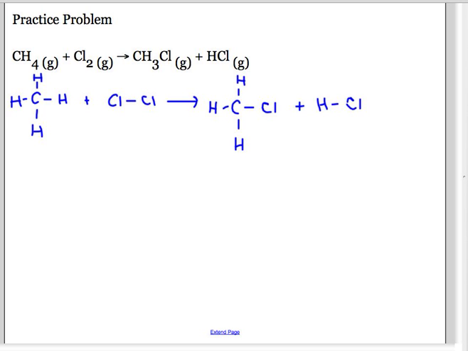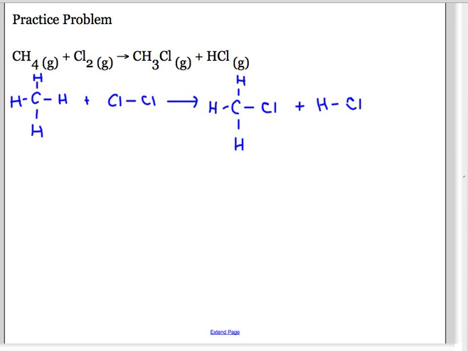But if you want to, you can only do the ones that actually change. For example, on both sides, carbon has 3 hydrogen bonds. So realistically, you don't have to break them and you don't have to make those, because they don't change. I do it just because I don't want to worry about missing a bond. But if you're a risk taker, feel free to try only doing the ones that actually change. That's your choice.